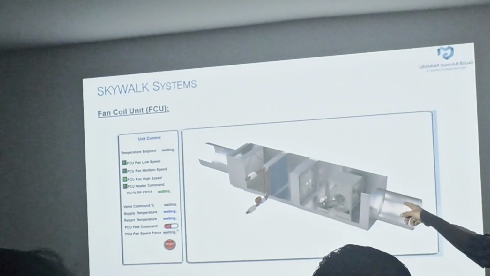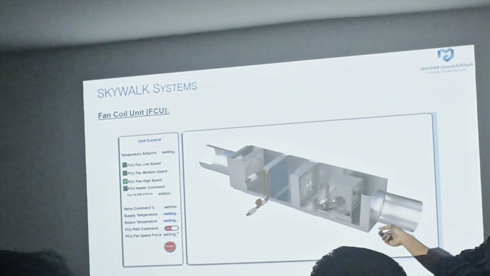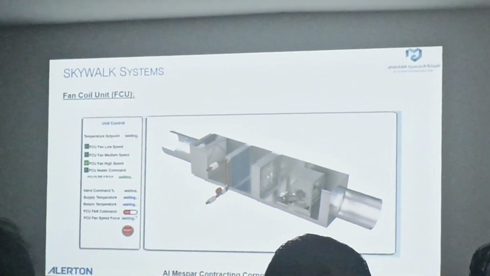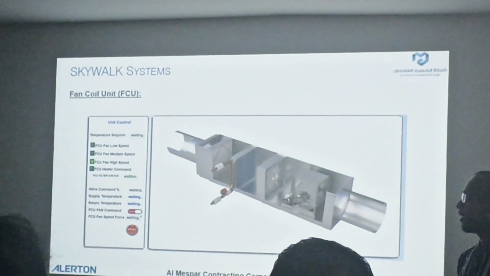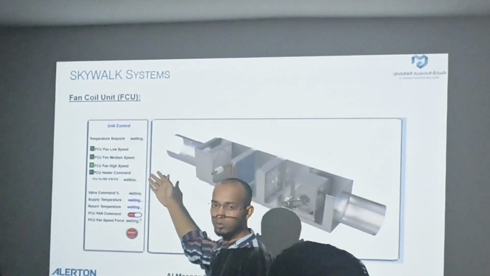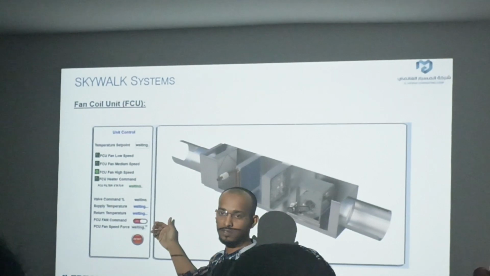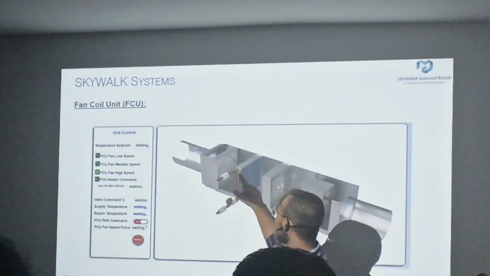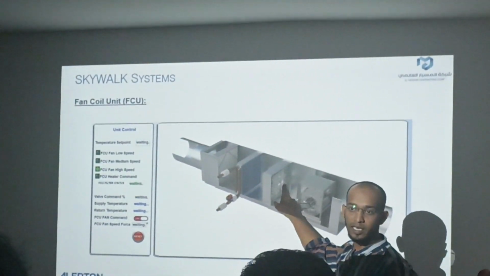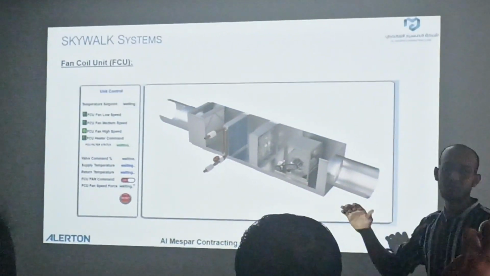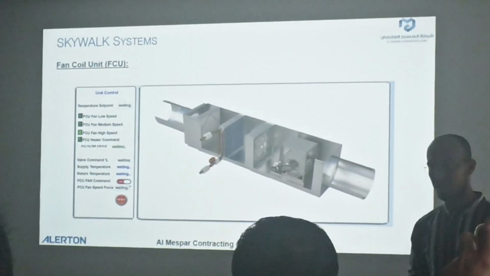And the off condition of the heater as well as the valve actuator depends on the return temperature and set point. It will be reversed. For example, the required temperature is 22, but your current temperature is 25 or 26. In this scenario, your valve actuator gets open and the heater command gets off. Understood? And the FCU speed also varies between low to high.